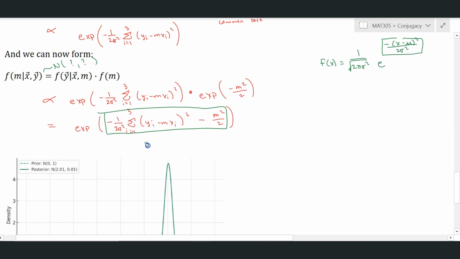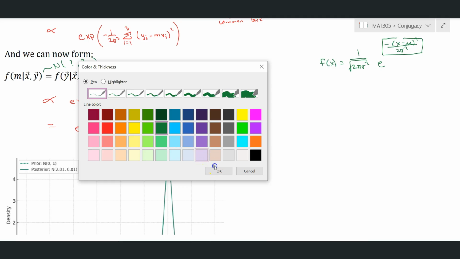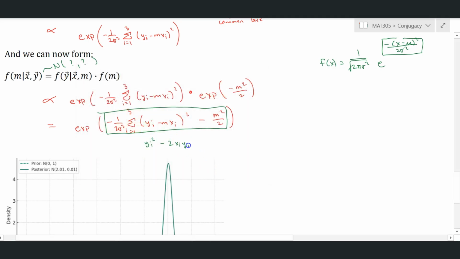If I FOIL this, I'll have yi squared minus 2 xi yi m, and then plus m squared xi squared. That's just the FOIL of that. And now I will have the negative 1 over 2 sigma squared distributed across that, minus m squared over 2.